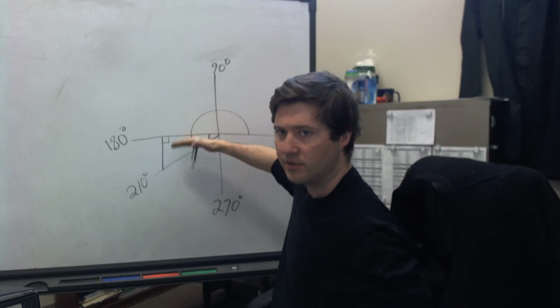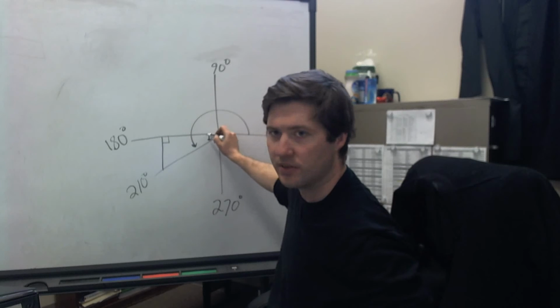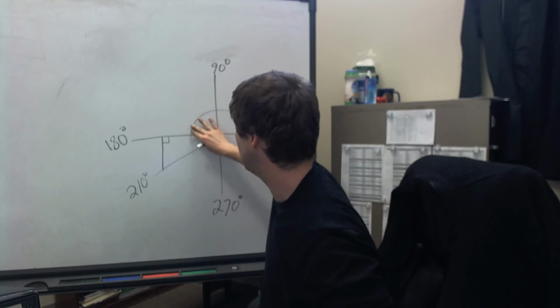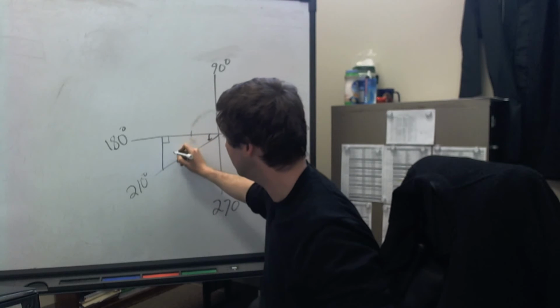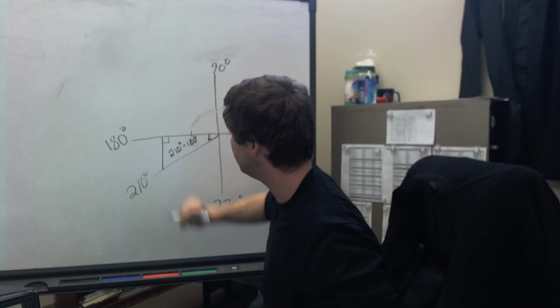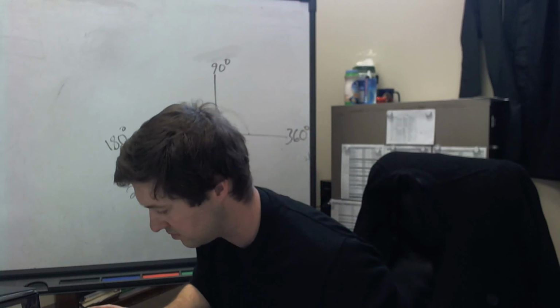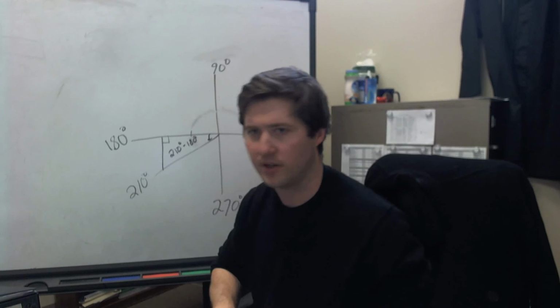Well, I take the full length 210, and I subtract off 180, and that gives me this little piece right here. That's how I find my reference angle: 210 minus 180 is 30 degrees.